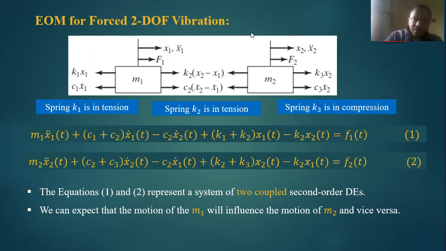In a similar way, for the free body diagram of mass 2, the summation of forces in the x direction equals 0 gives us this equation. So these two equations are two coupled, second order differential equations. We can expect that the motion of m1 will influence the motion of m2 and vice versa. So the two masses are influencing each other, so they are coupled.